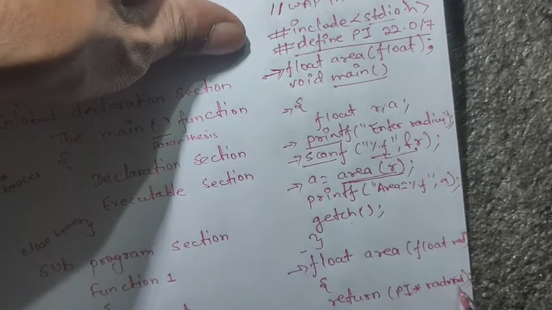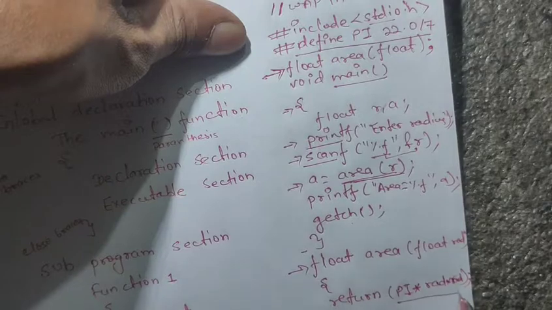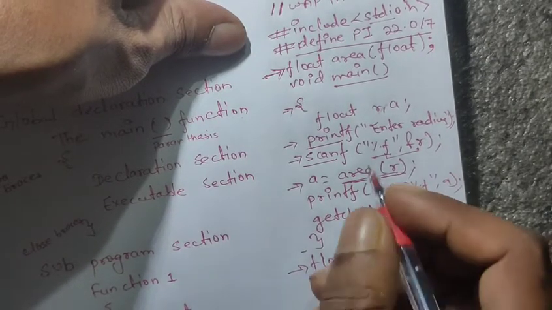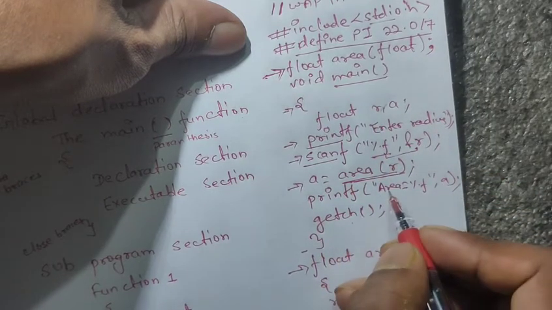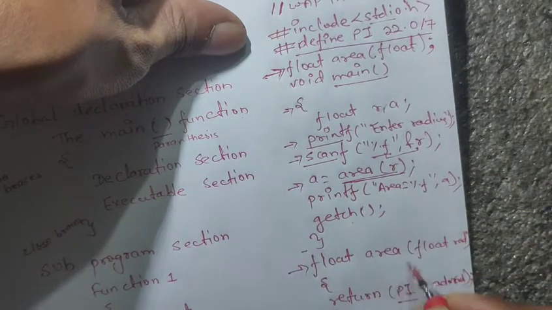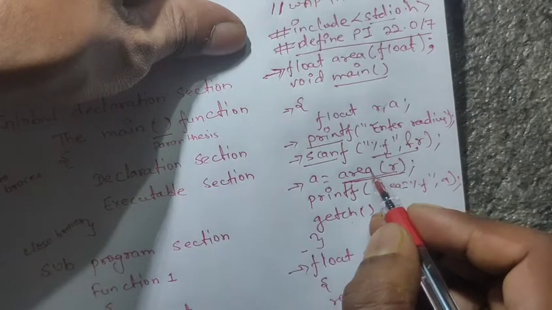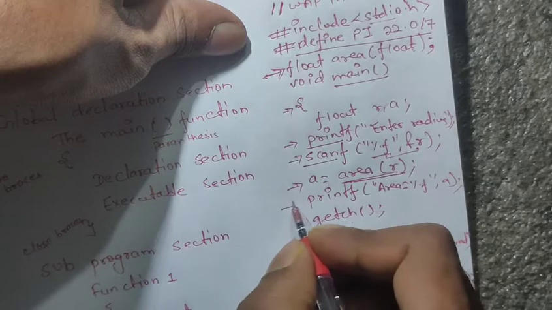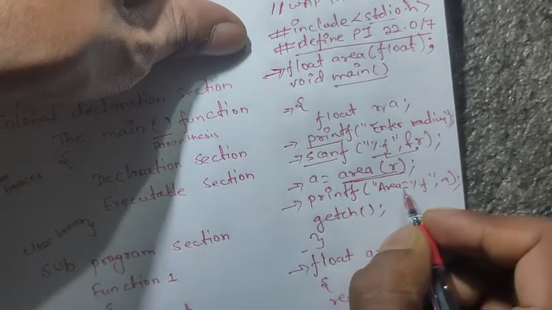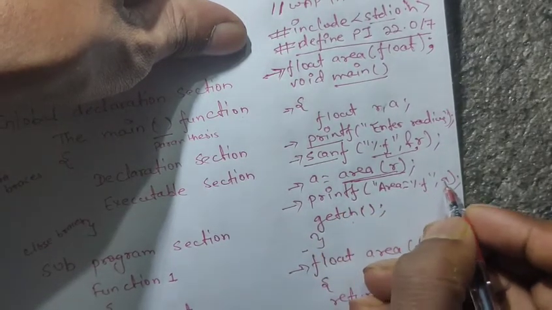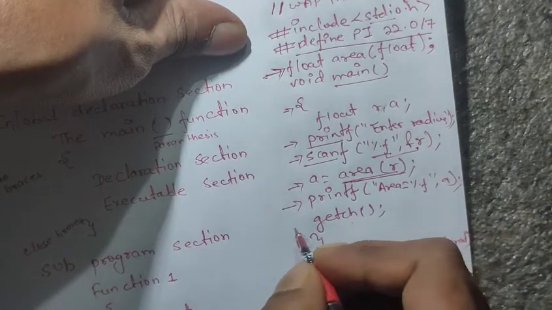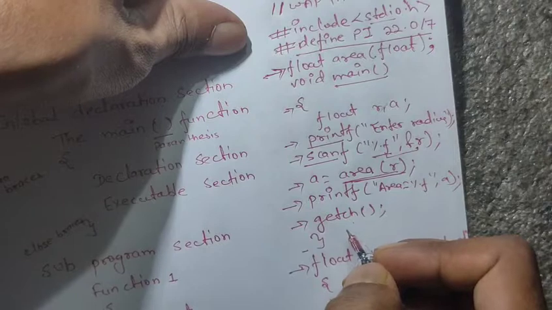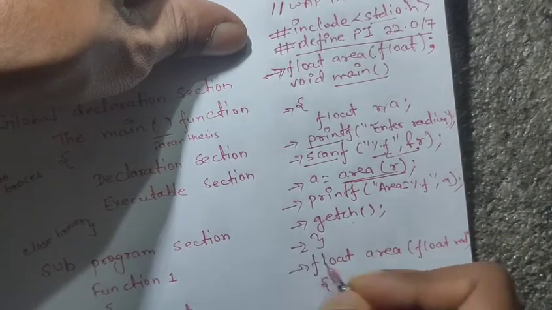Pi r square is the formula, and we are writing that formula in expression form, and it will calculate the value from r and store it into area, and return it to the main program. So a equals some value, and we should print this to the output screen, that is printf area equals percentage f. Hence a will be printed, and getch will hold the screen so you can see the output whatever it will be.